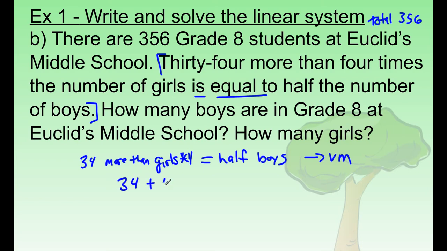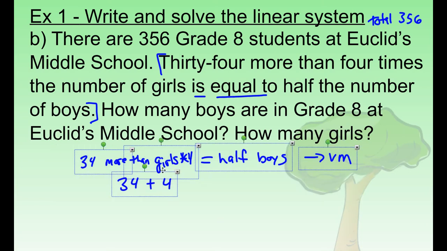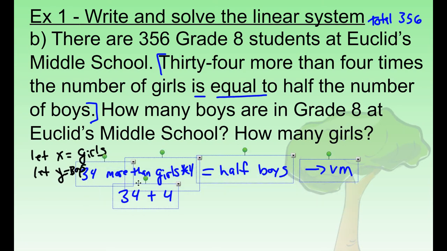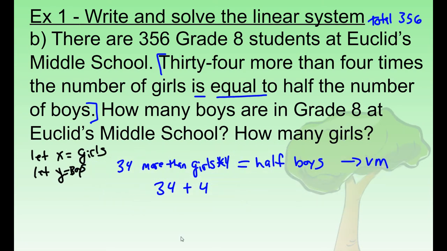34 plus 4. Oh, I don't want to use G's and B's. I want to use X's and Y's. So let X equal, I don't know, girls, I guess. And let Y equal boys. Ladies first. So X is the number of girls, Y is the number of boys.